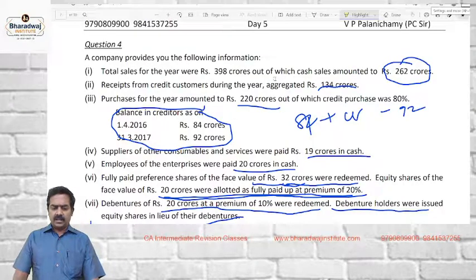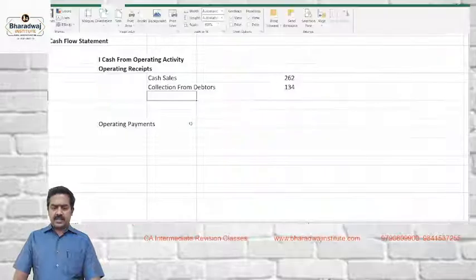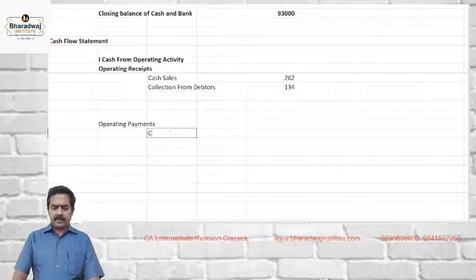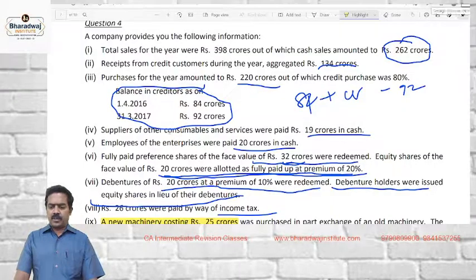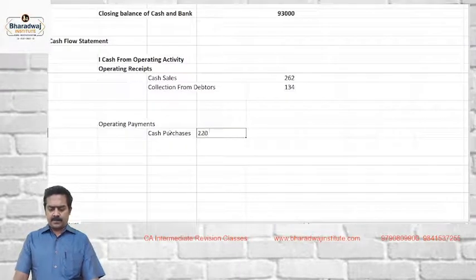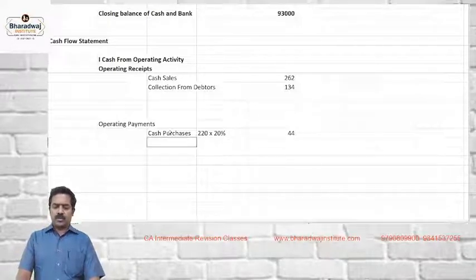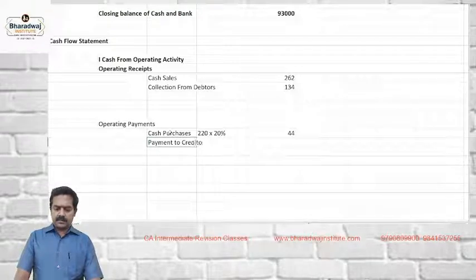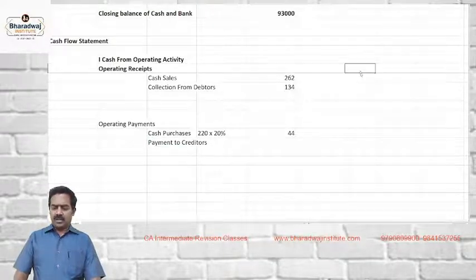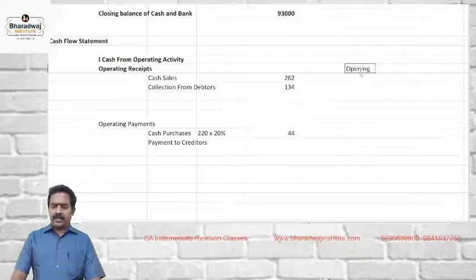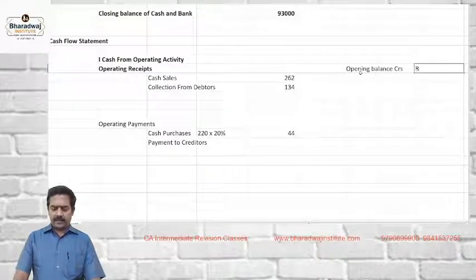Then purchases, cash purchases. 20% of your total purchases. Can do it along with me, don't wait. 44 crores. Payment to creditors. We can do a working note. What is the opening balance of creditors? 84 crores. Okay.